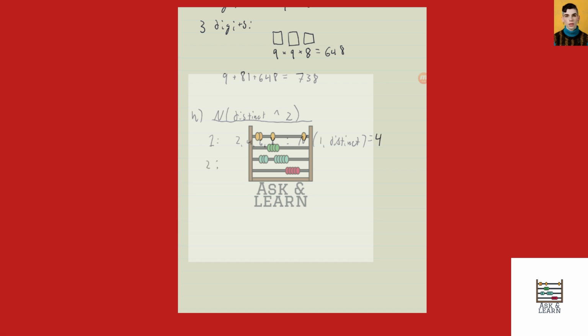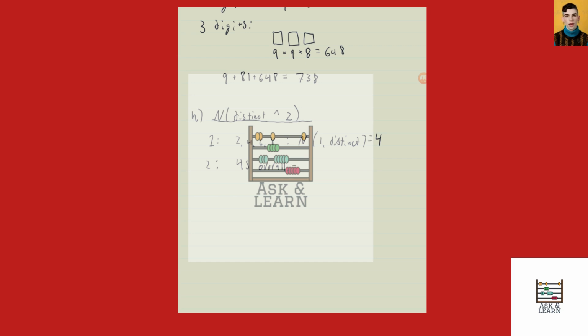Then when we look at the 2 digits, we would have all of the even numbers between 10 and 98, which there's going to be 45 overall. Then we need to keep in mind that there are going to be repeated digits in some of them.